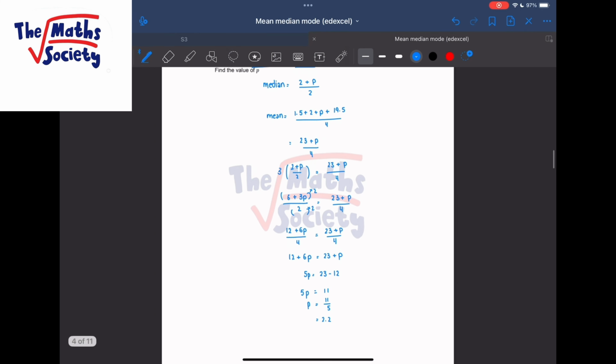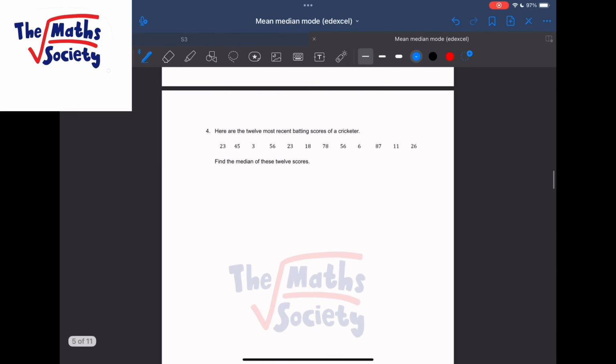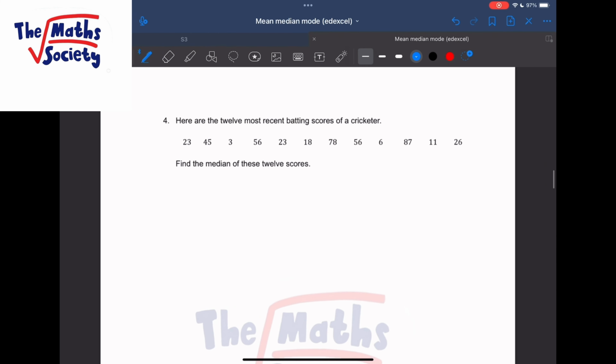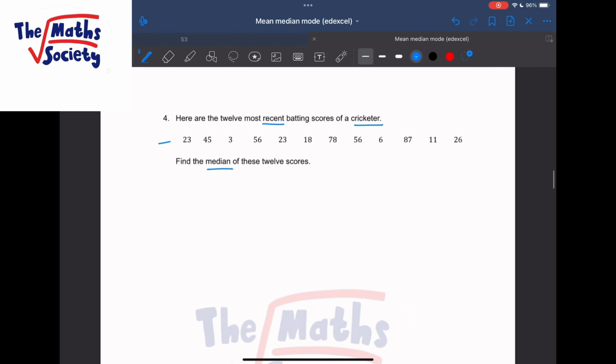Okay. And then we'll move on to question number 4. It says here are the 12 most recent best scores of a cricketer. Find the median. The median is the one that we choose in the middle. So we have to rearrange all these numbers in order of size. We'll start with the smallest one, which here is 3.